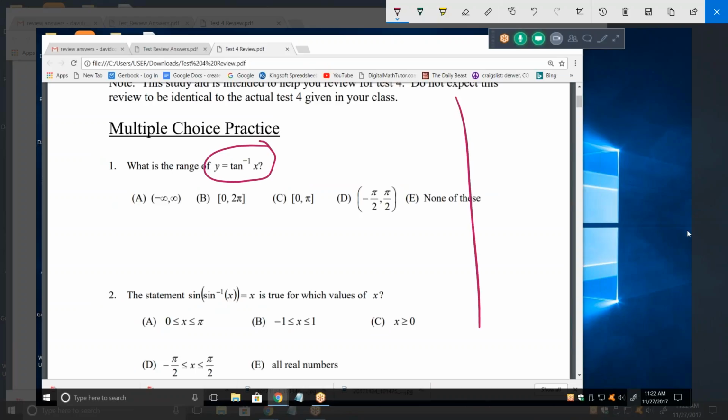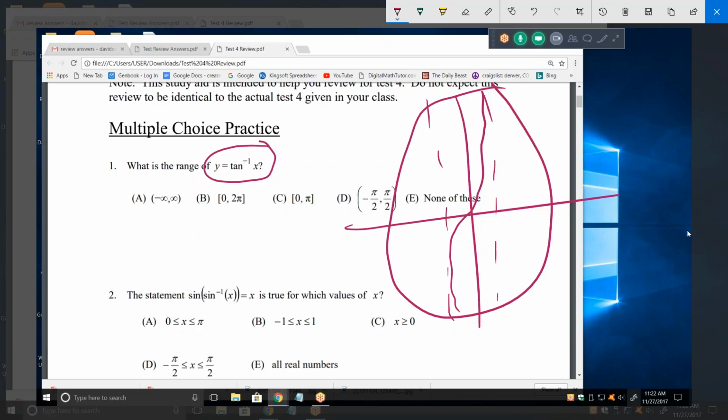If you draw the tangent curve, and you reflect that, the domain of that is minus pi over 2 to pi over 2.